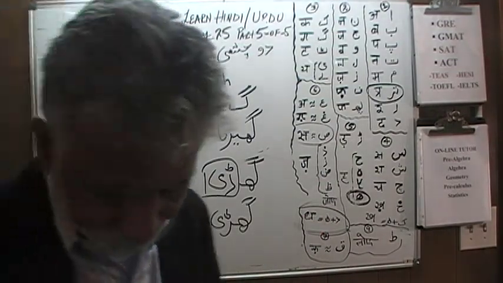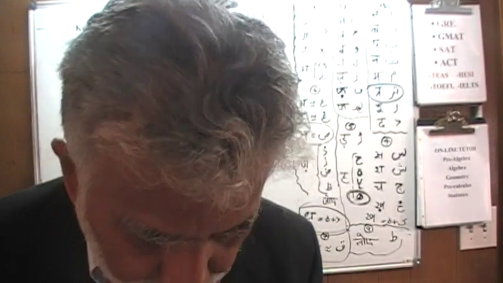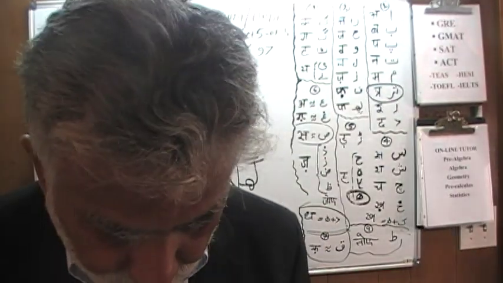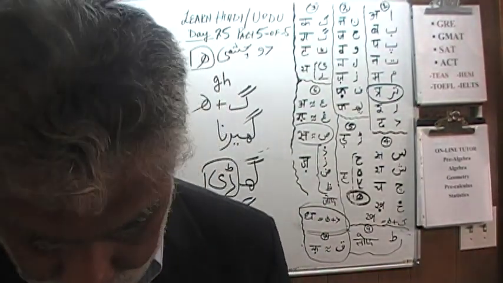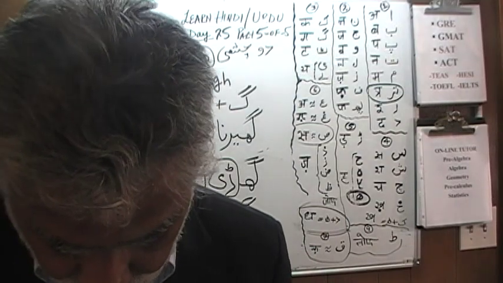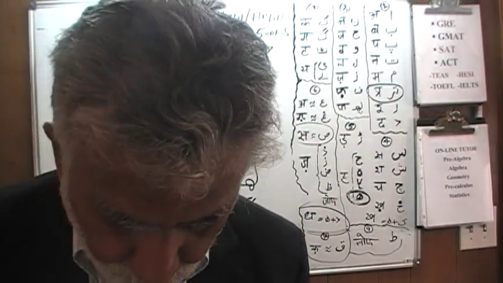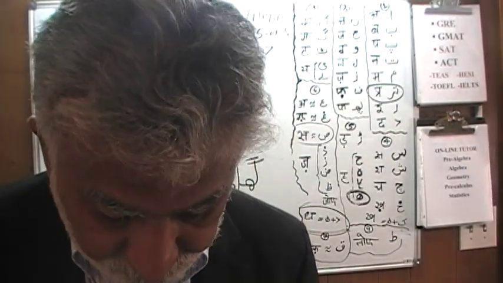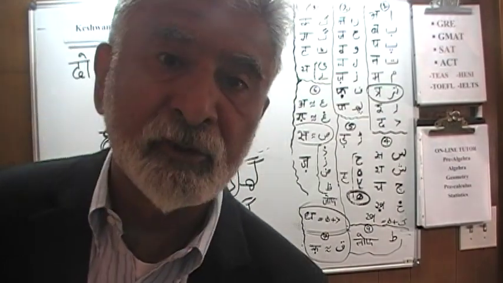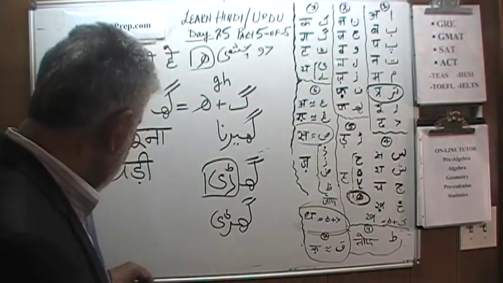That was it. At this point, there are two more concepts that we have to learn in order to be able to read and write Urdu. Two concepts that we have not actually covered yet. One is, actually I did cover one of them yesterday in passing because it appeared in the spelling. One concept is called Hamza.